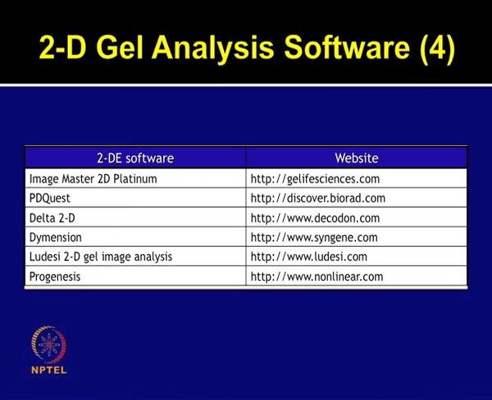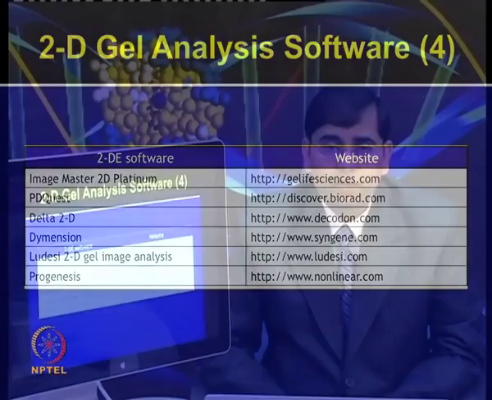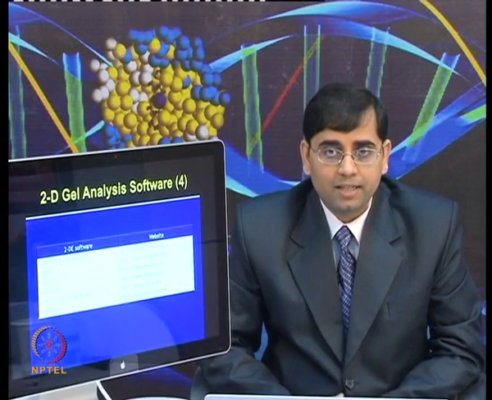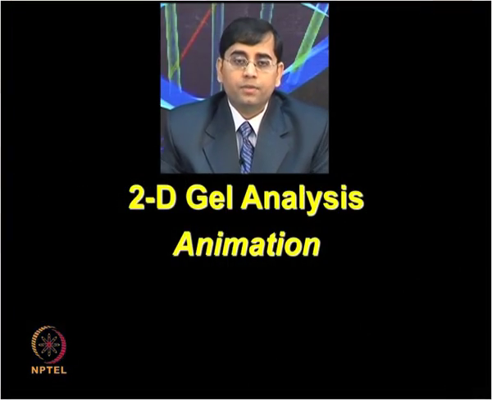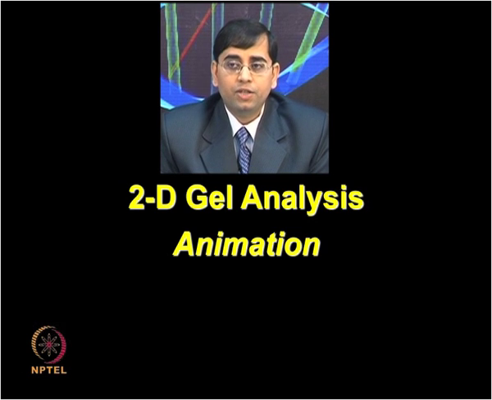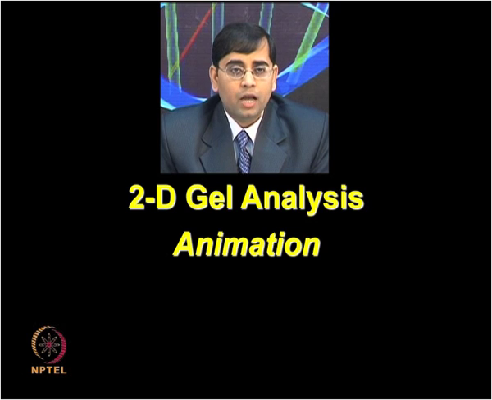These are just a very few of the software which I have mentioned. These are very commonly used, but there are many other good software also available which one can use to analyze these gels. Now, let me show you this animation for performing two-dimensional gel analysis, how to go step by step to analyze your gels.